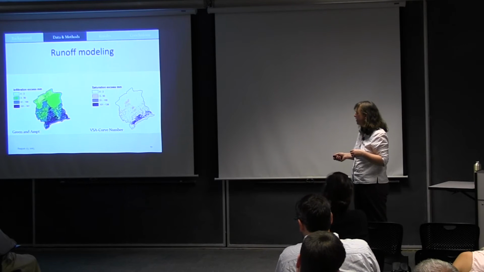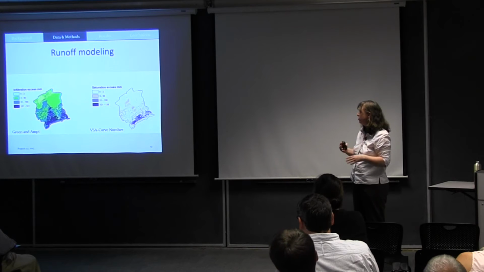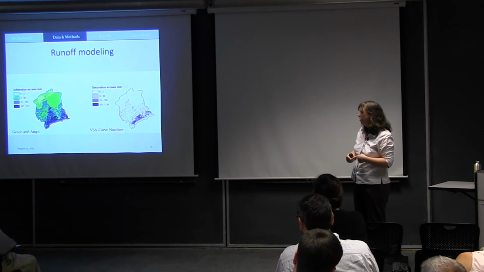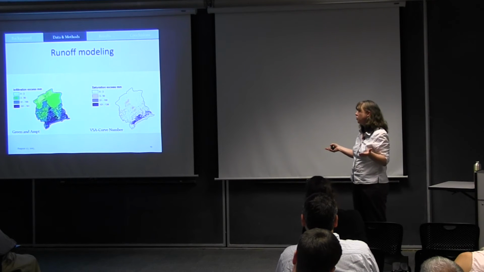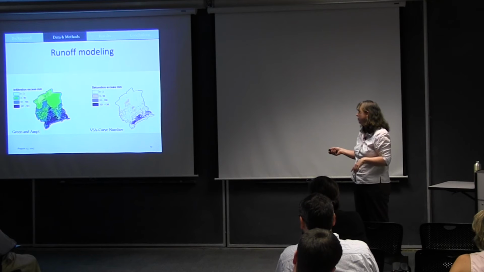So for infiltration excess, I used the Green and Ampt equations and said for every 10-meter grid cell in a raster, what was the sum of the excess rainfall over the infiltration capacity summed up over the whole storm, and what would be the total infiltration excess runoff from that calculation. And for saturation, I used a model based on the curve number to say the same thing.